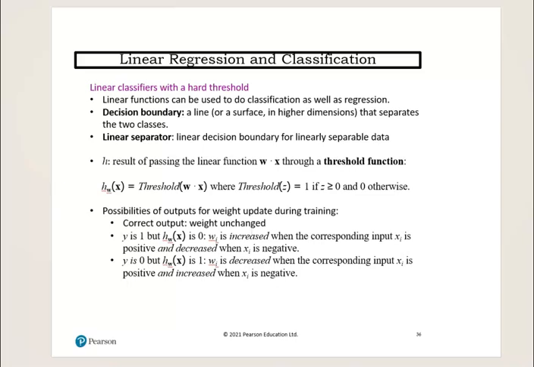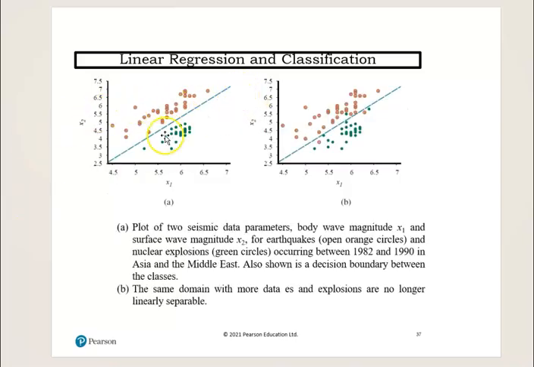So this line right here, this is what we call the decision boundary line that separates the two classes. The linear decision boundary is called a linear separator, and the data on the left here is called linearly separable.